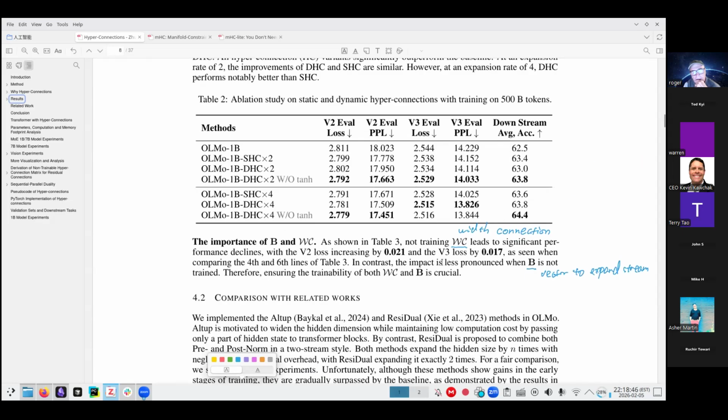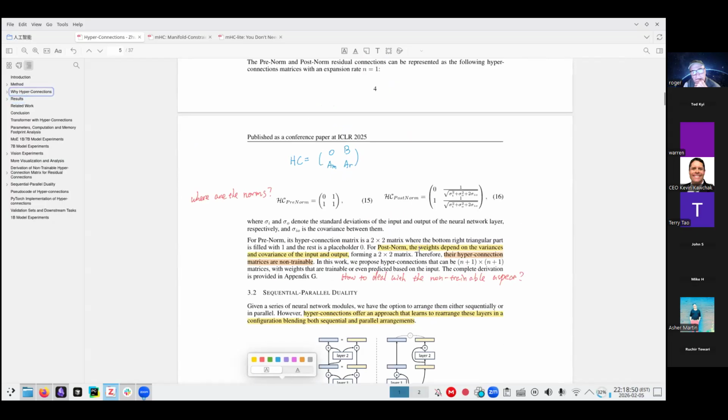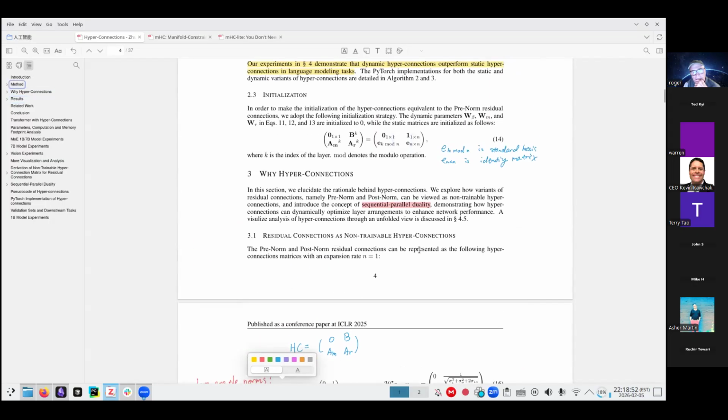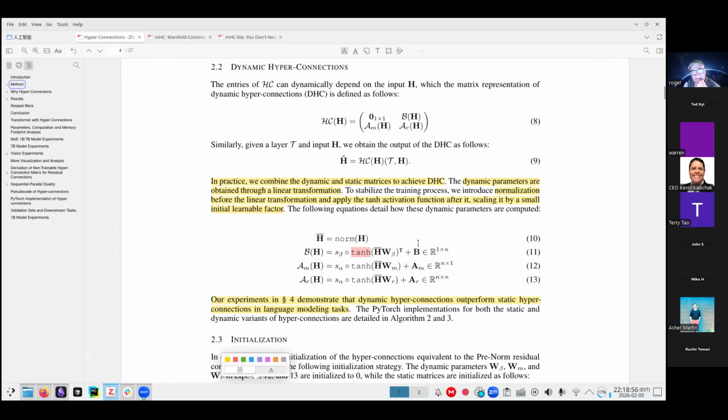Sorry, let me bring that up. Dynamic, initialization. So there's hyperconnection. Okay, this one. So those are the equations. It's not shown in a block diagram, but that's the equation.